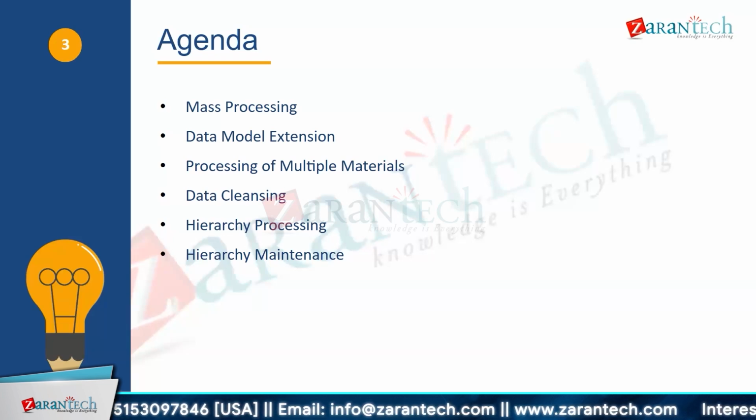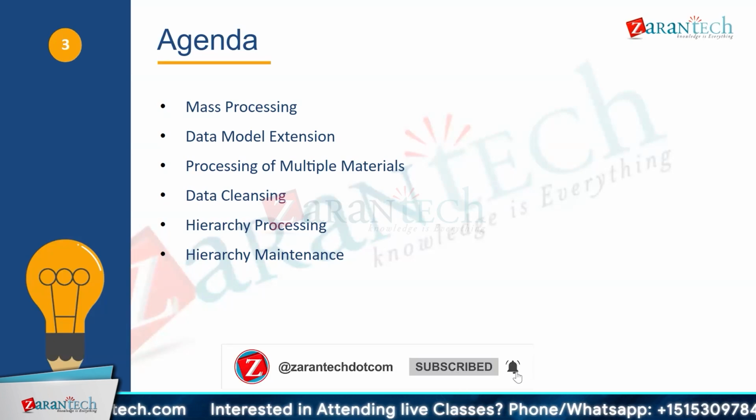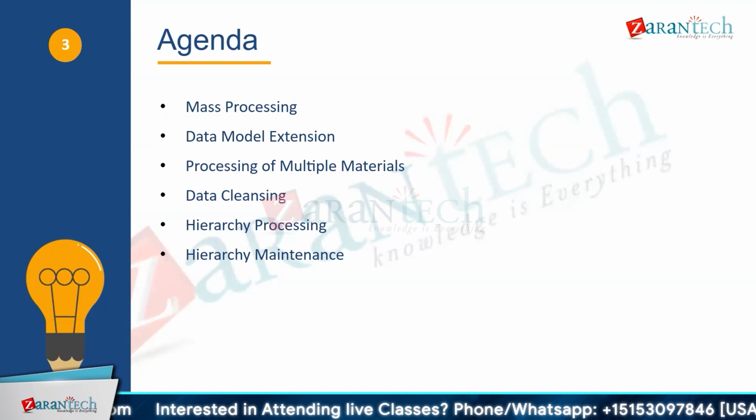If there are changes in the existing data, if you need to add additional tables, modify descriptions, or modify certain attributes, you cannot create a change request for each and every single object. In that case, mass processing will be helpful.